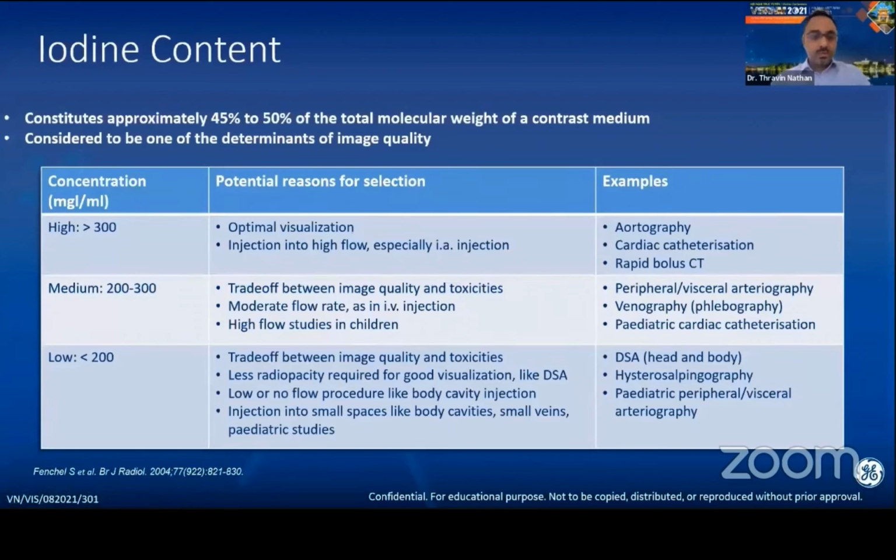You've got two different concentrations, which is your 300 as well as your 350 milligram in Vietnam. And based on this, if we refer to the local prescribing information, the product information, you now have an understanding of when 350 is the preferred choice of concentration, largely because you would like to have optimal visualization as well as the type of procedure which I explained earlier.